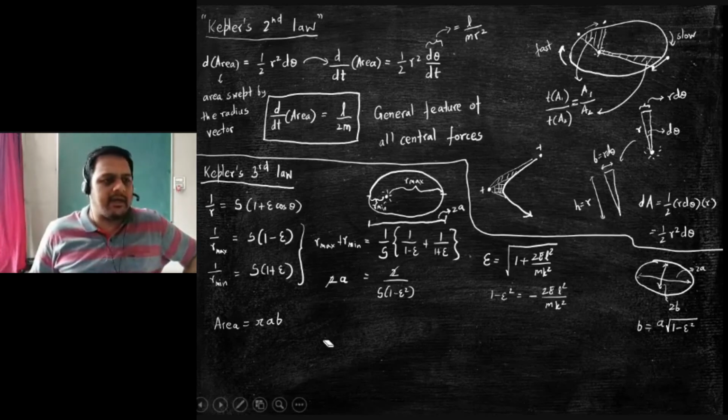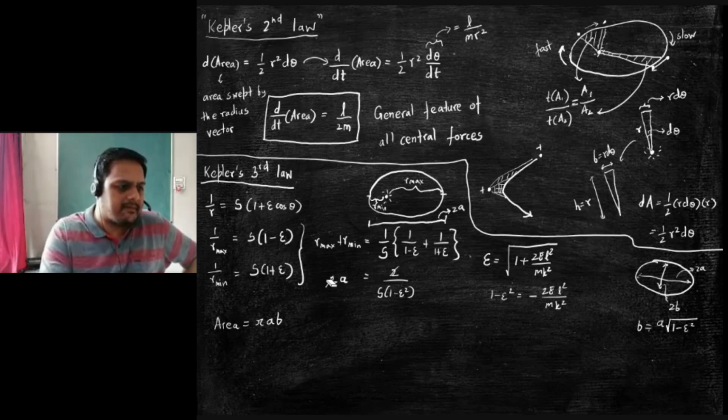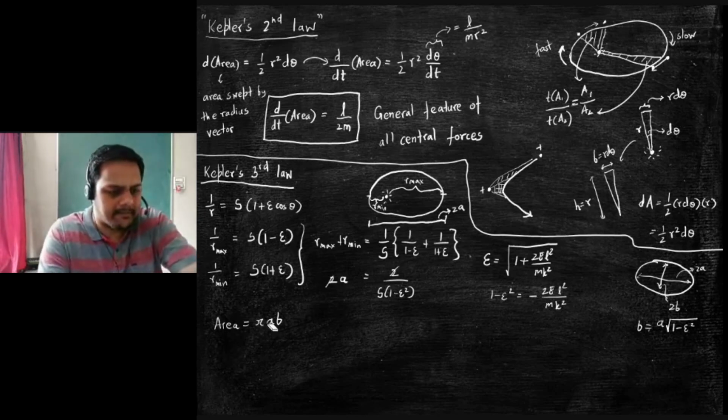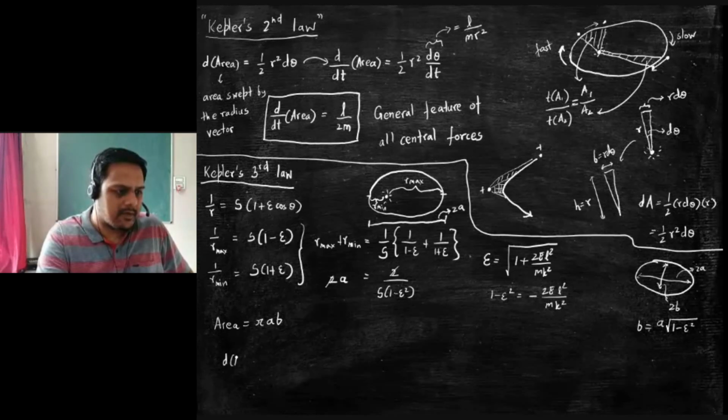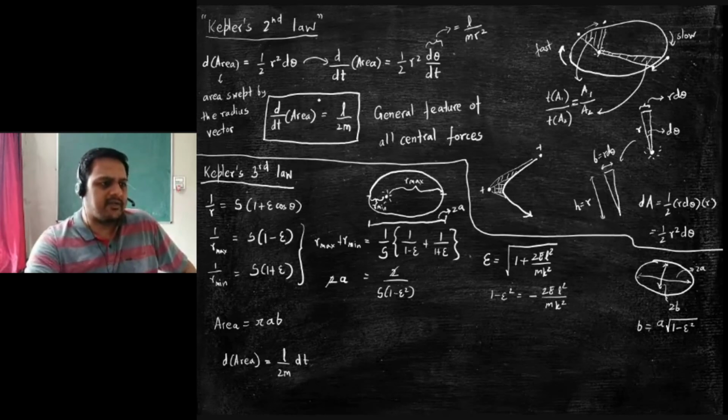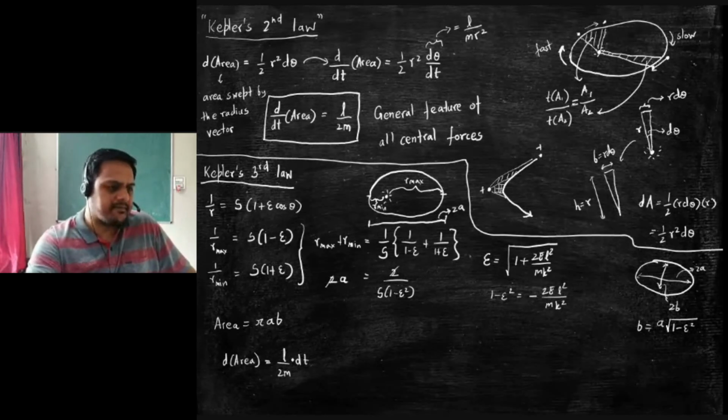What will be the area in terms of the time period? We know that dA is equal to L by 2m times dt. This is something we obtain from Newton's second law.